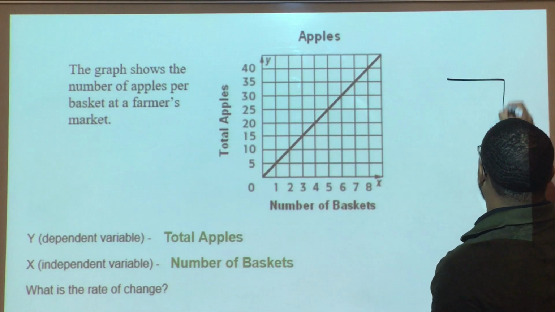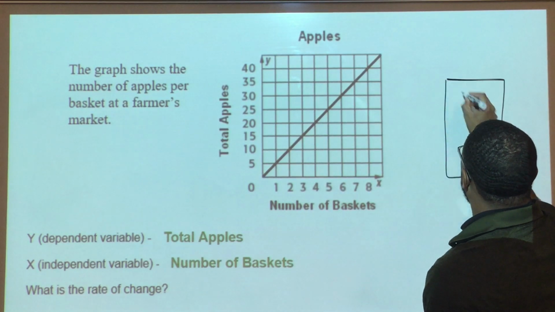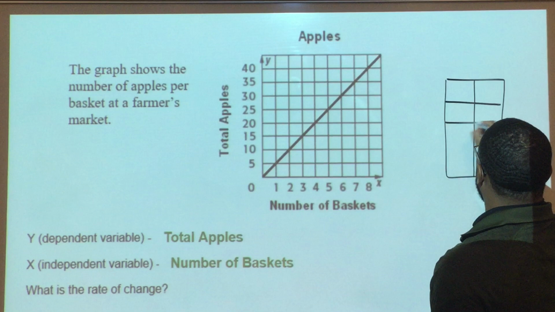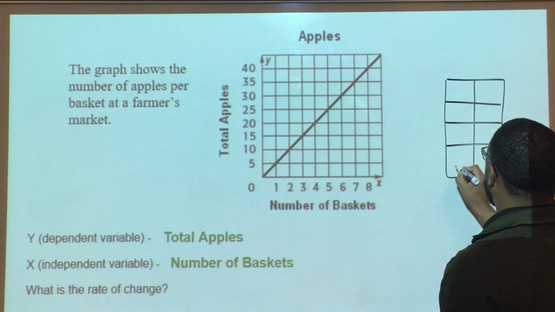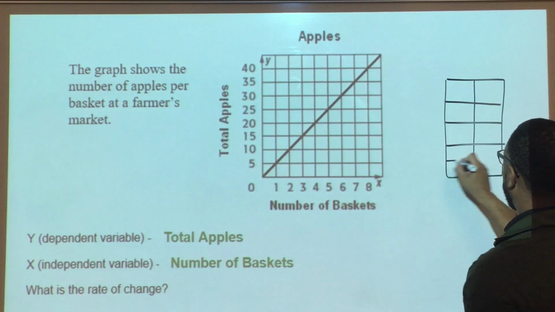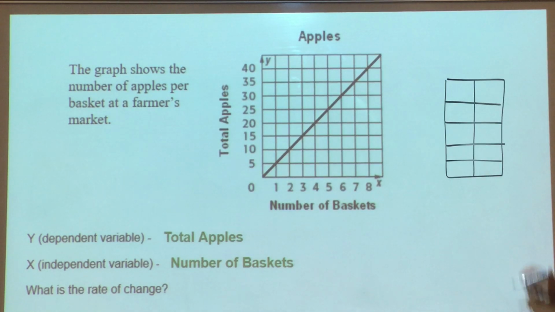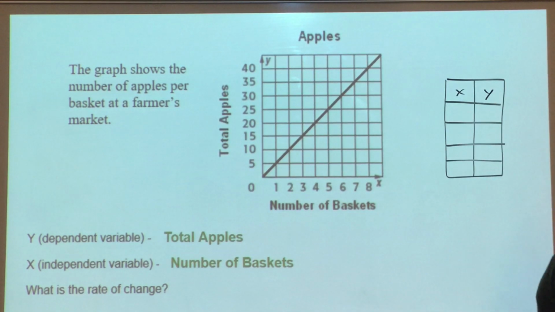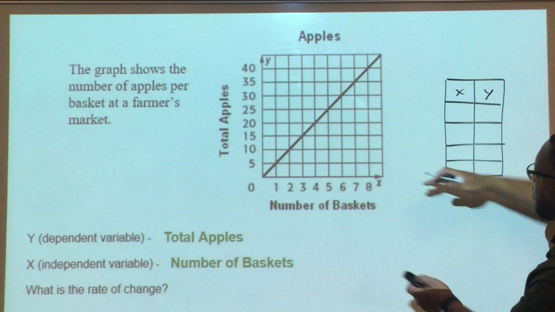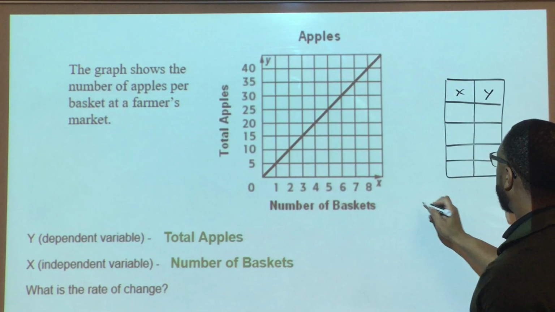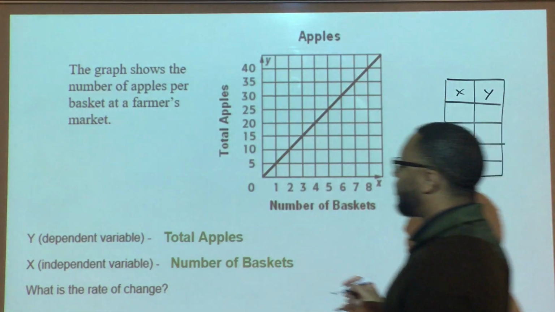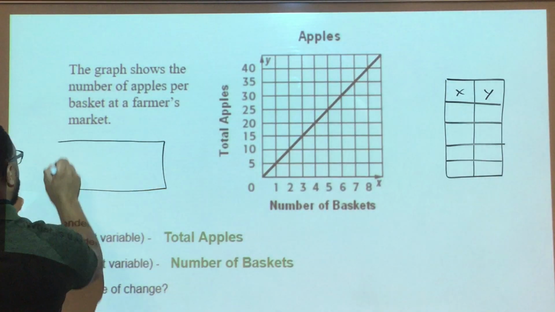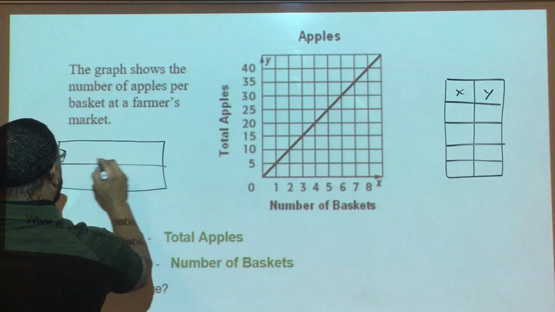So we're going to make a table. Again, it does not have to be pretty, it just has to be good enough to understand the information. I'm going to make one more column just in case. We'll label this X and this is Y. And again, it's the same information if you see this information laid on its side, because sometimes you will see the table written this way, and you can do that also.